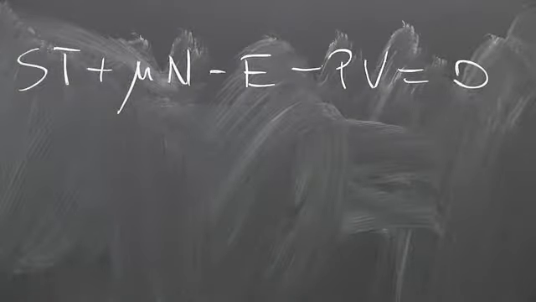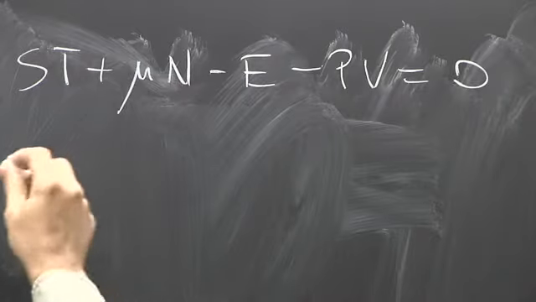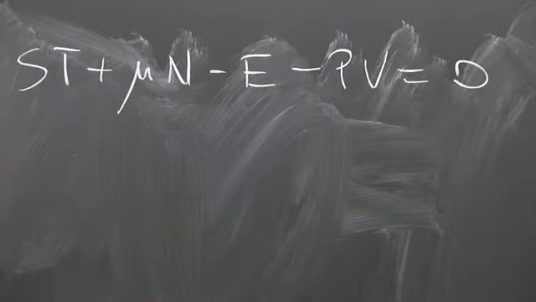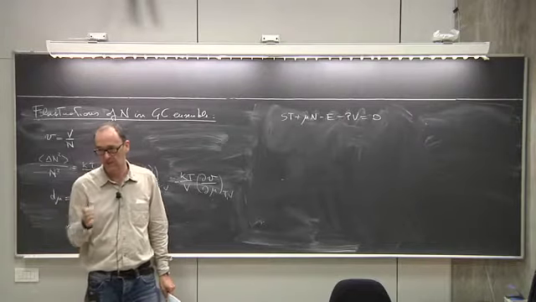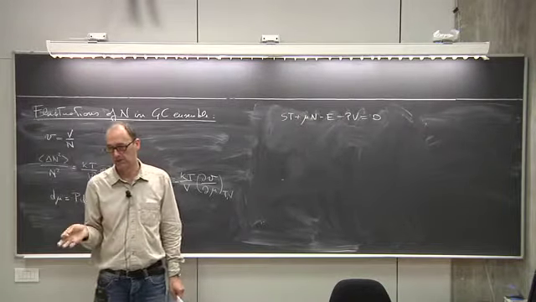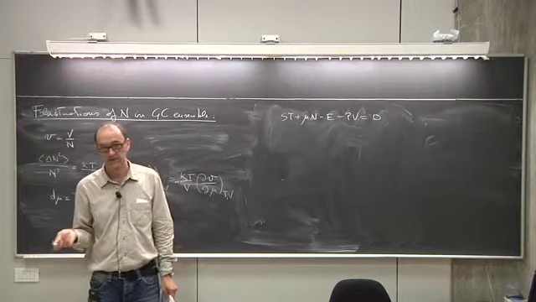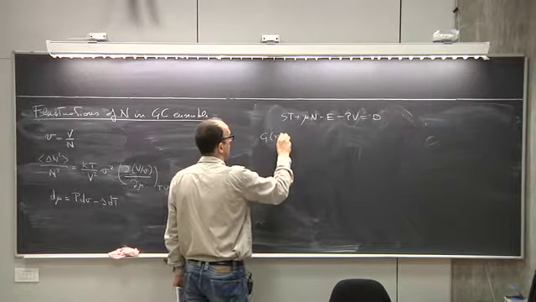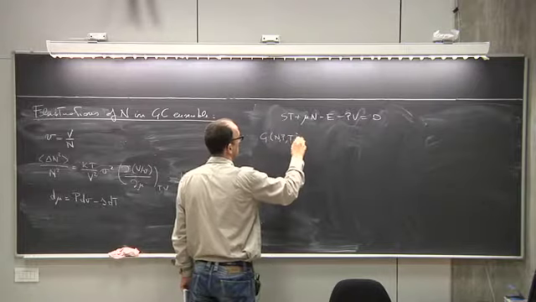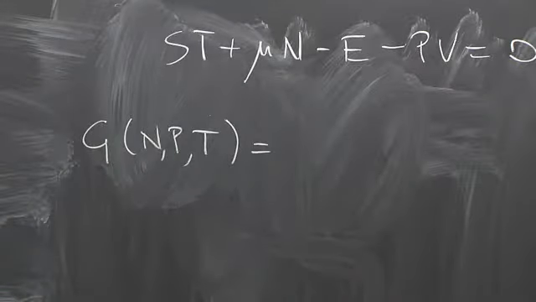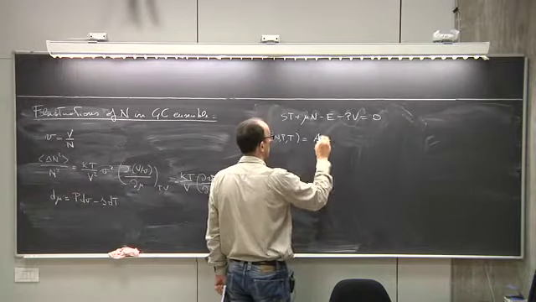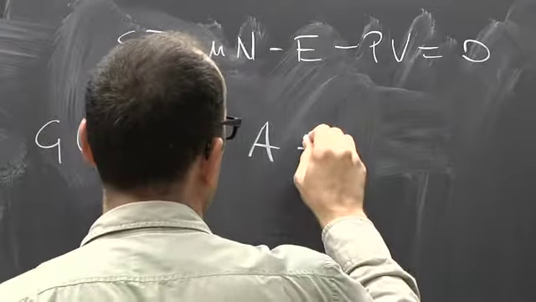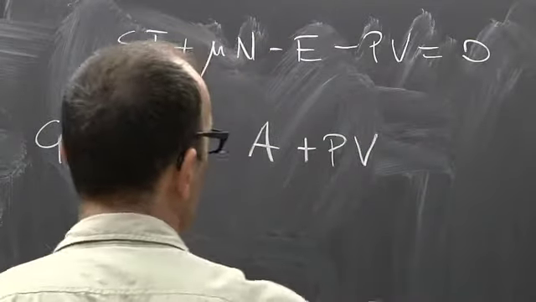Now, if you want to describe a system in terms of the volume, so if you want to find the thermodynamic potential at fixed pressure, number of particles, and temperature, it is the Gibbs potential. So what you have to do is to do a Legendre transform, right? In a Legendre transform, you have to take the Helmholtz free energy, A, and to this you have to add PV. Okay?